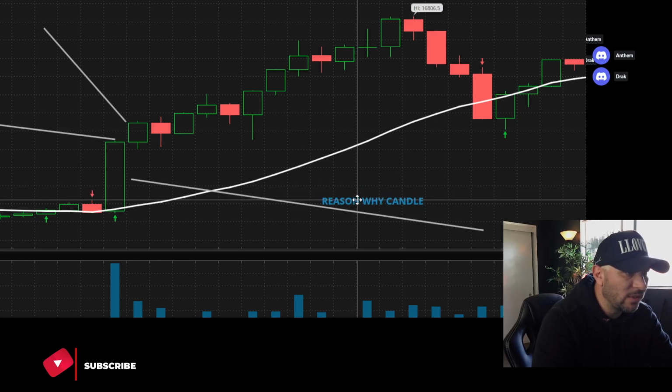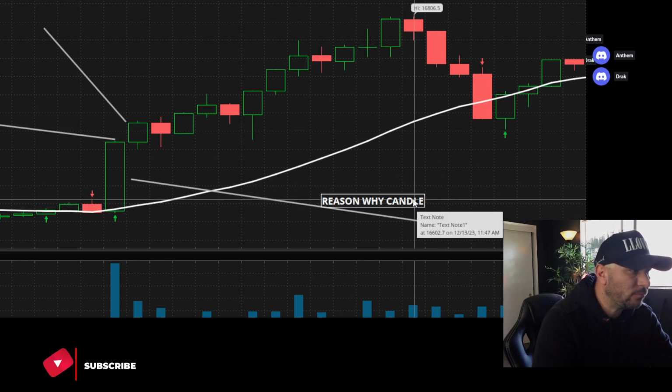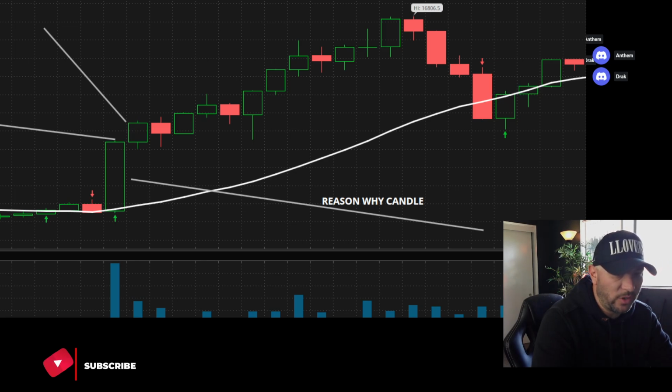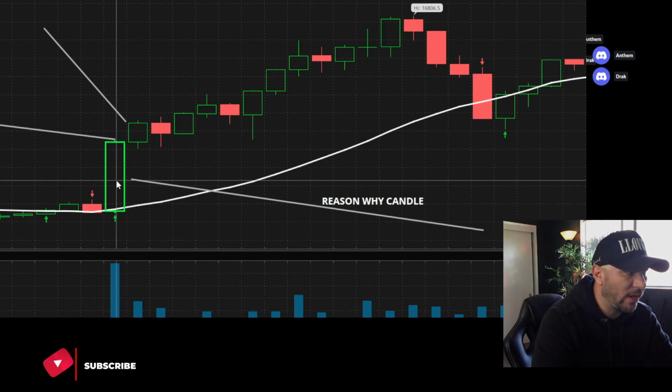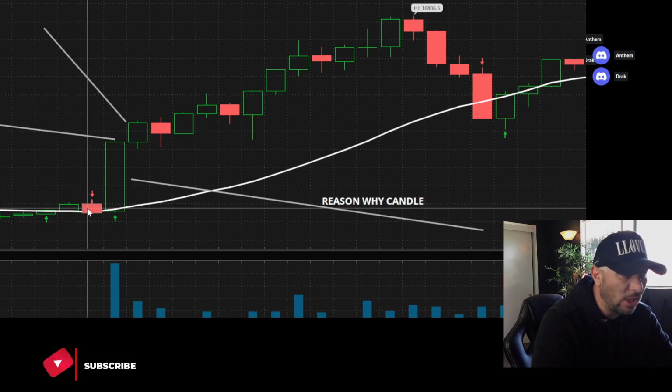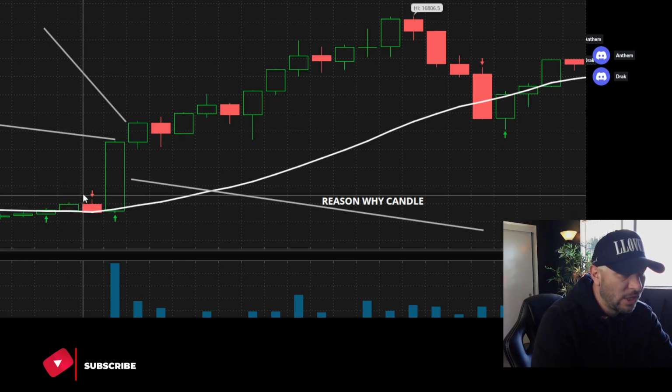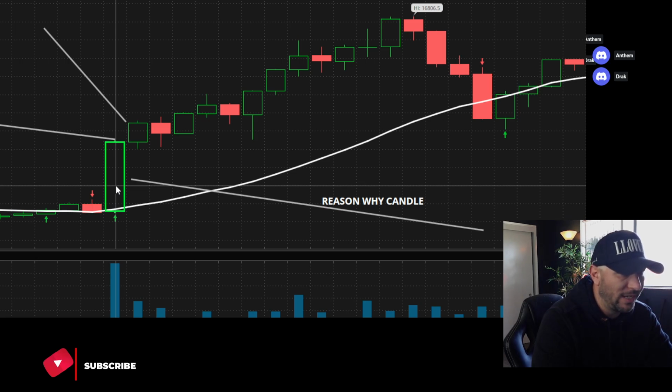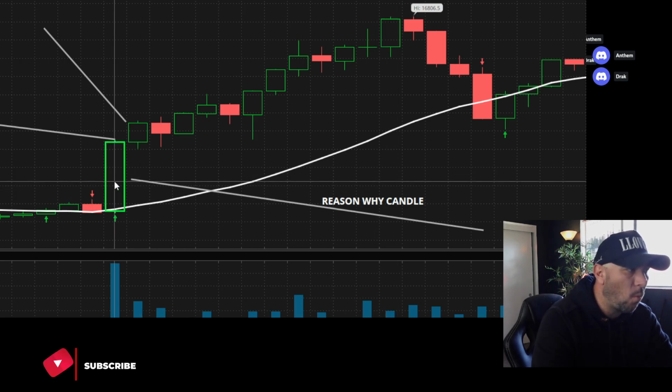Your reason why candle is why you want to enter the trade. Why do we want to enter this trade long? Because the trend has changed from trading below the 20 SMA to now closing over the 20 SMA. That becomes our reason why candle.